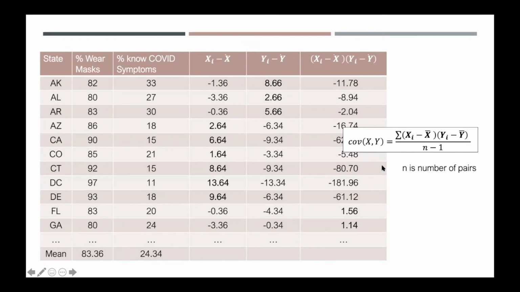So to calculate our covariance then between these two variables, we sum up the product of the first variable's deviation from its mean multiplied by the second variable's deviation from its mean. And we add those all up across all of our observations and divide by the number of pairs minus 1.